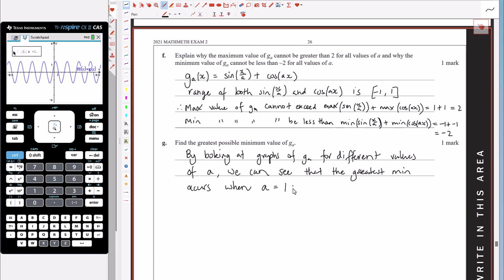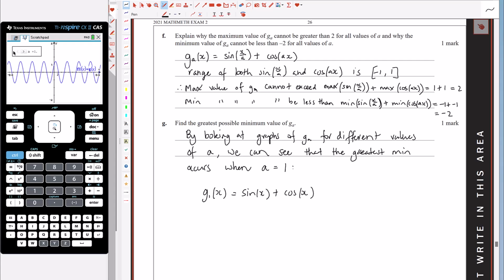So that means when A equals 1, G1 of X is sine of X plus cos of X. And we want to find the greatest minimum, so we want to actually work out what this minimum value is.